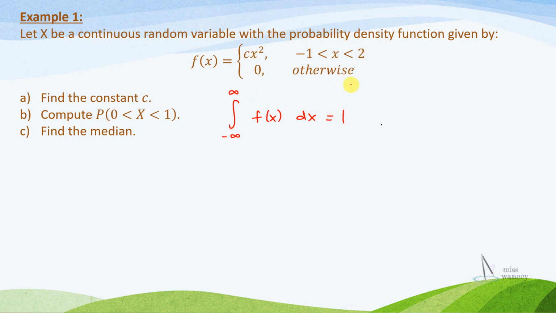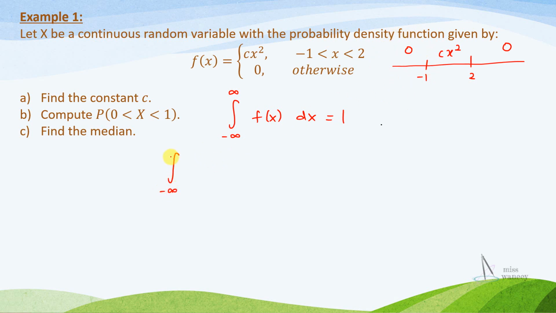Okay, so now since we have a continuous random variable, let us do our number line first. I have -1, this is 2, so this is cx squared, and then 0 otherwise, that means the left hand side is 0, the right hand side is also 0. Now we are going to integrate negative infinity until infinity, so we consider the intervals one by one.